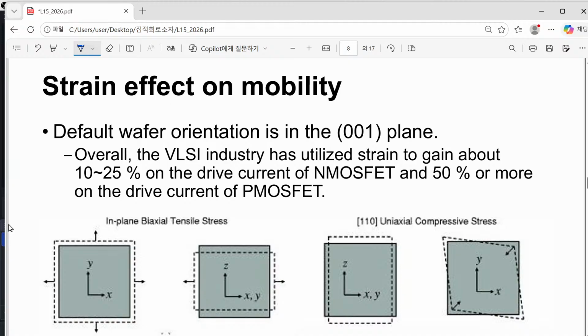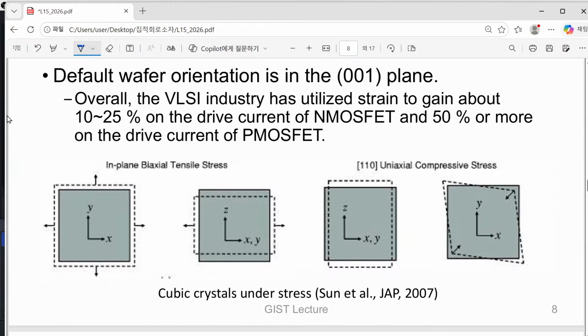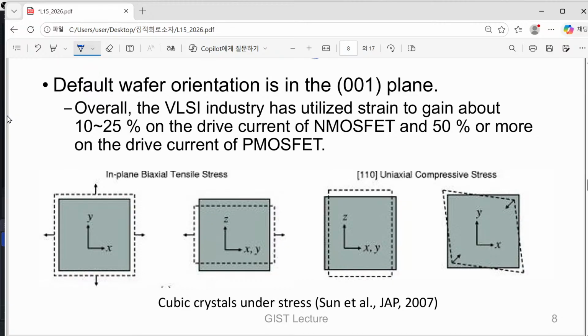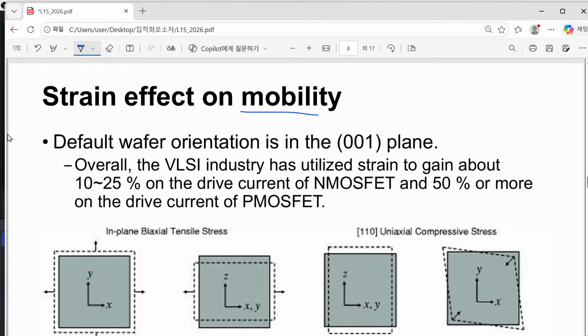The engineers did this trick to boost their electron mobility. Simply speaking, although I will not consider all the details of this trick, by introducing the strain effect, we introduce a slightly modified lattice structure, or crystal structure, of silicon.